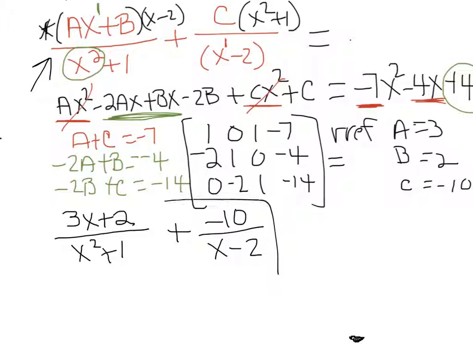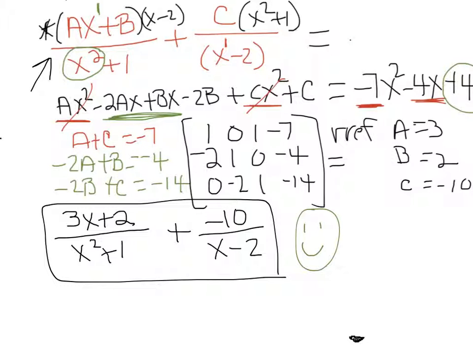And so those would be the two fractions you would have to add together to end up with what our original problem was. And we're done. So that's basically how you do partial fractions.